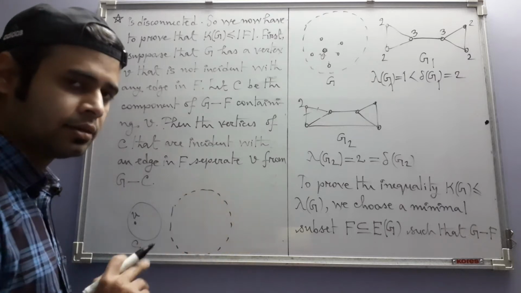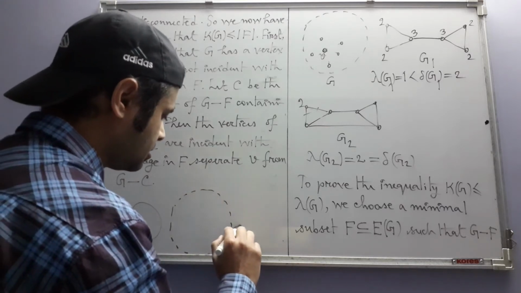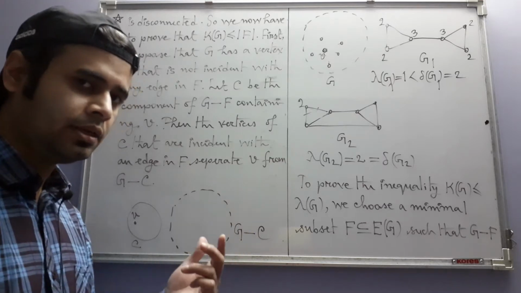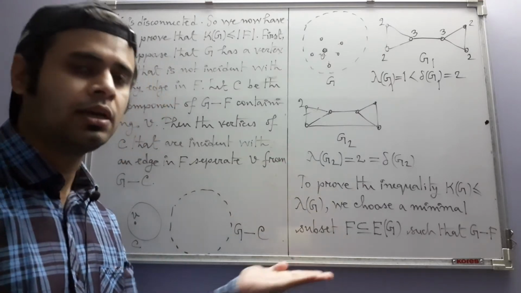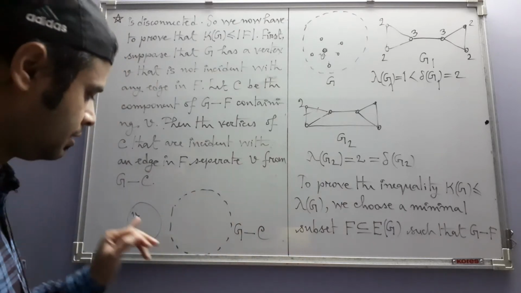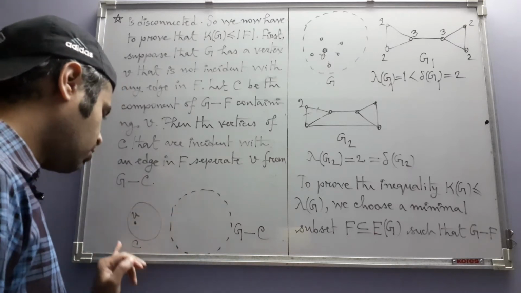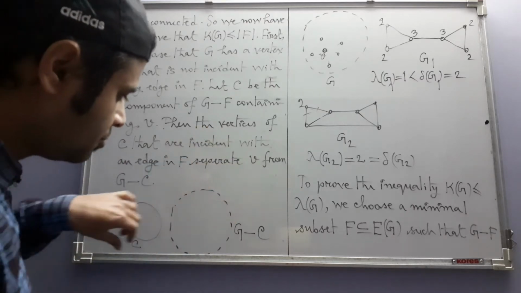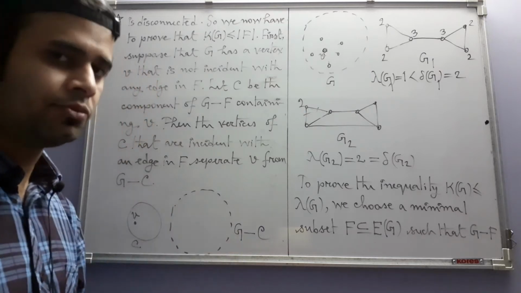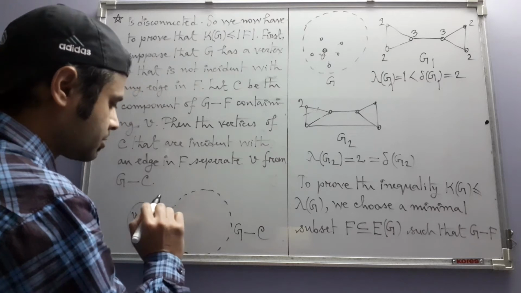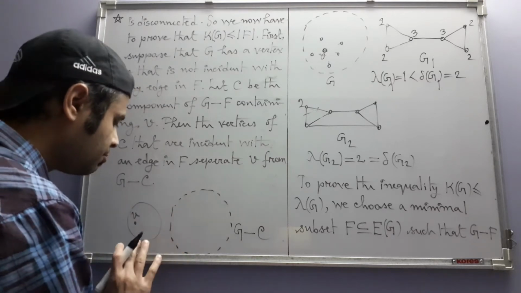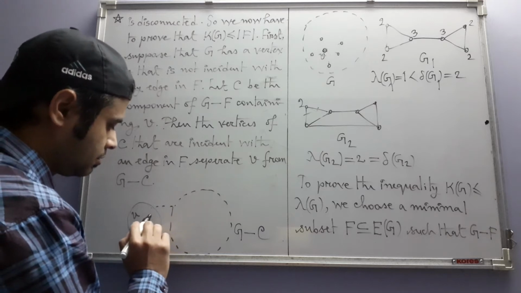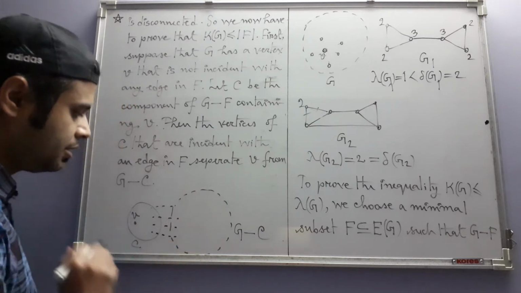So this is not necessarily a single component in G minus F. So this is G minus C, and in fact in G minus C we also have the set of edges F. G minus C is obtained by removing the component C, all the vertices and all the edges that are incident with the vertices of C. After removing them we are getting G minus C. In G minus C we do have F. Now, to show that removal of F gives us a disconnected graph from the original graph G, we can somewhat vaguely try to imagine F like this.